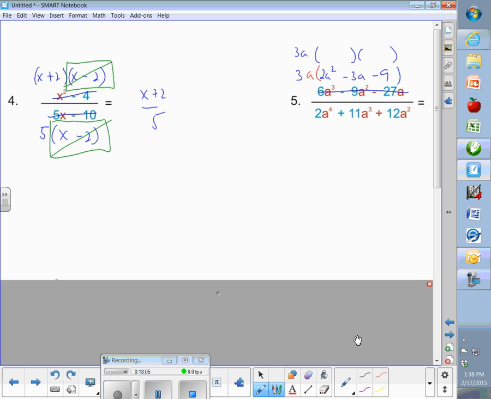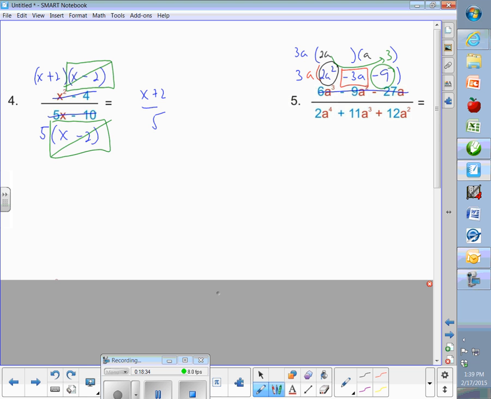All right, remember, I need what multiplies to 2a squared, so I'm going to use a 2a and an a. I not only need what multiplies to a negative 9, but remember, I'm after this negative 3 in the middle. Well, 9 and 1, 3 and 3. So if I put a 3 here, remember now I'm thinking about the outers multiplying.